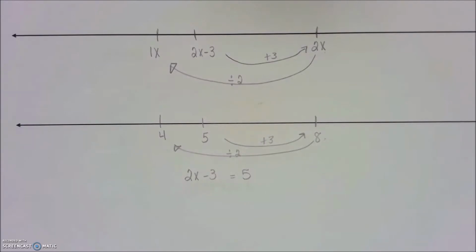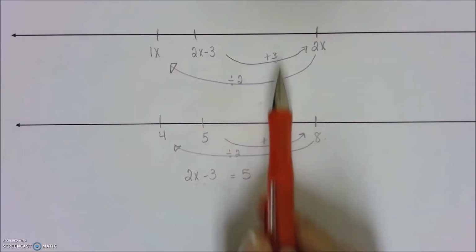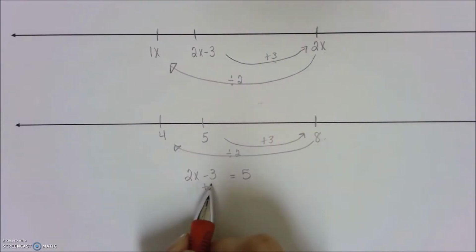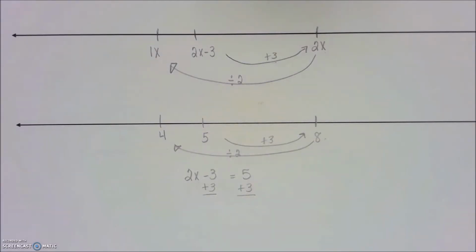Let's take our visual approach and move it to an abstract approach by solving algebraically. We have 2x minus 3 equals 5. The first step we did on the number line was add 3 to both number lines. So we will add 3 to both sides of our equation, keeping it balanced.